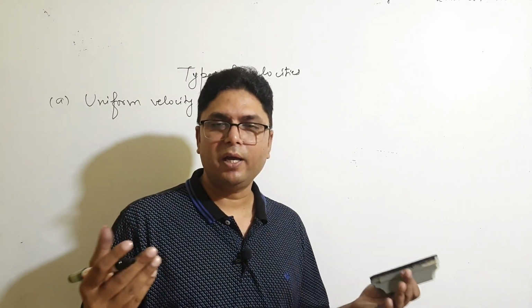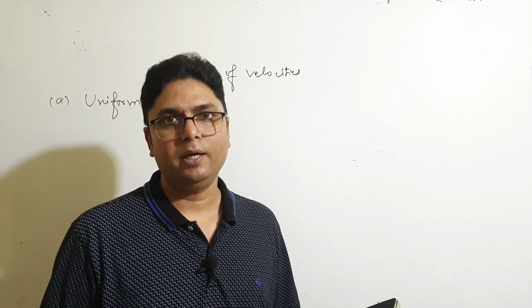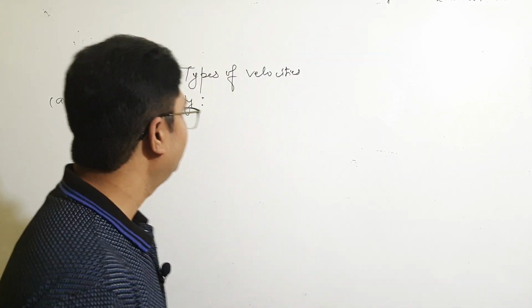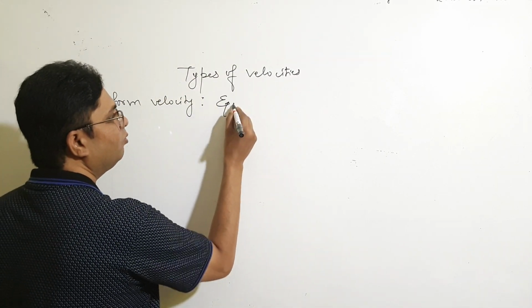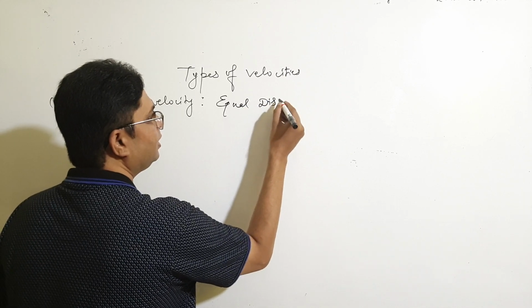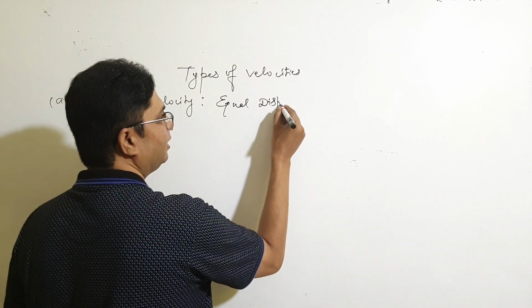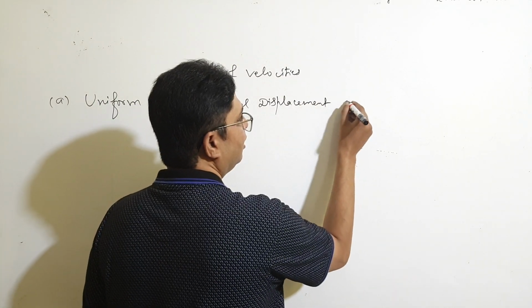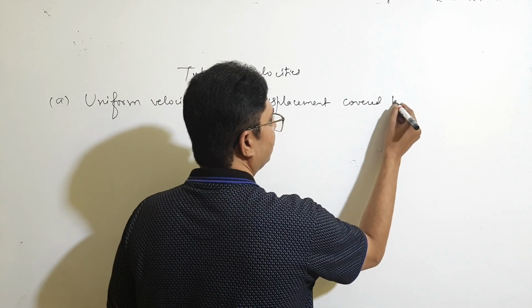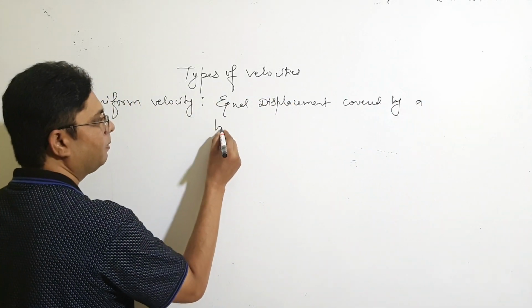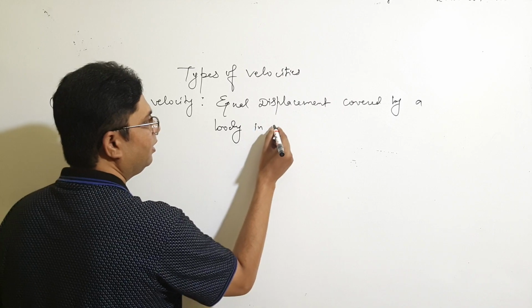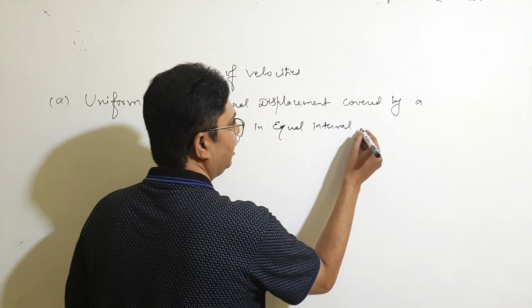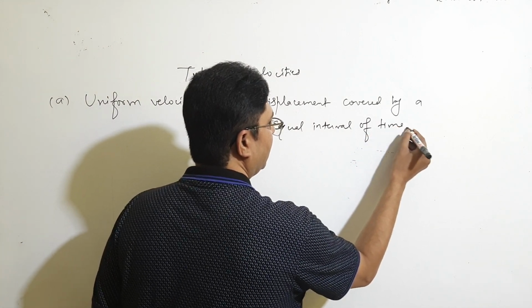When distance covered by a body is equal in equal intervals of time, then this is said to be uniform velocity. This means that equal displacement covered by a body in equal interval of time.